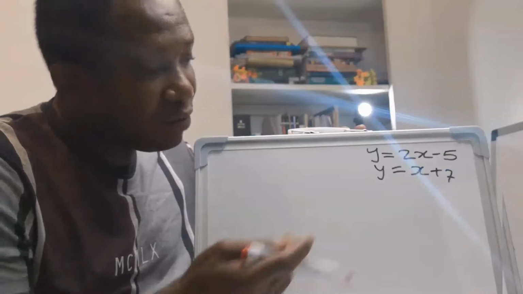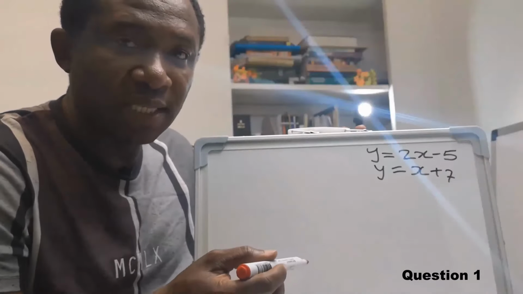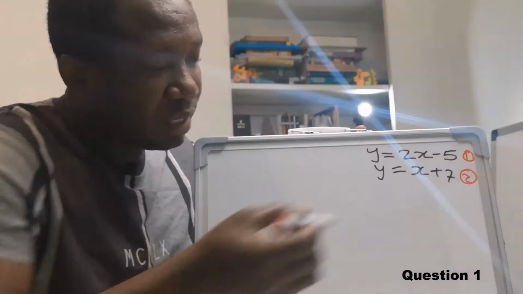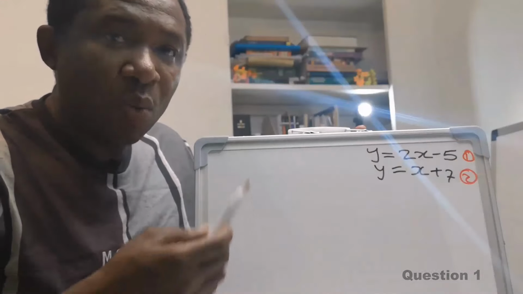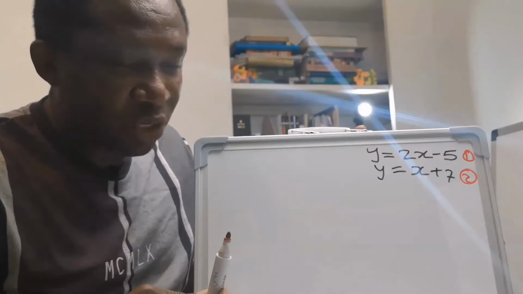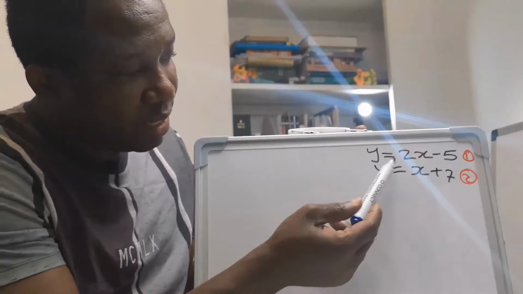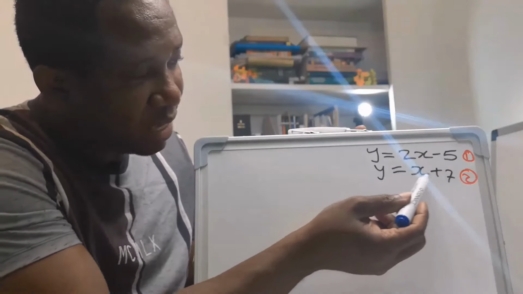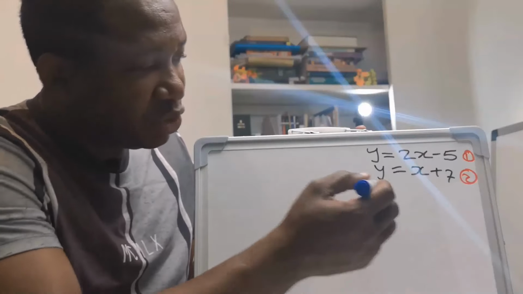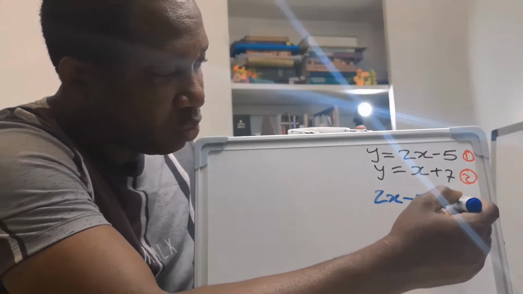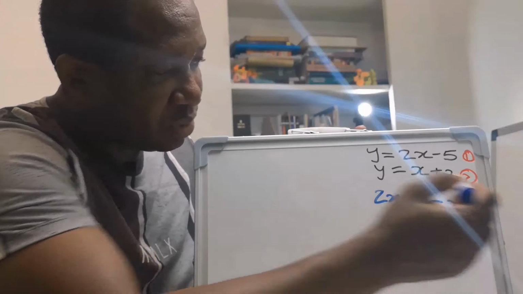If we have two equations like this, and this is equation 1 and this is equation 2, and we are to find x and y in this simultaneous equation, y is 2x minus 5 and y is x plus 7. This shows that 2x minus 5 is equal to x plus 7.